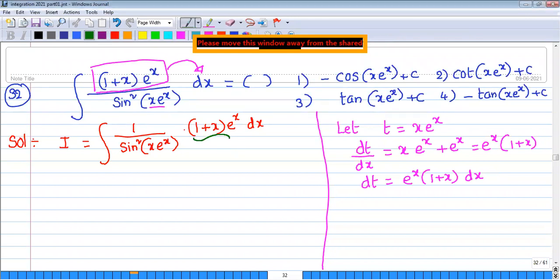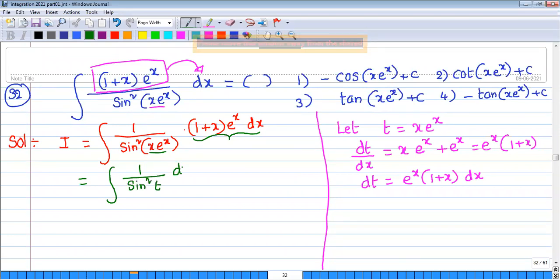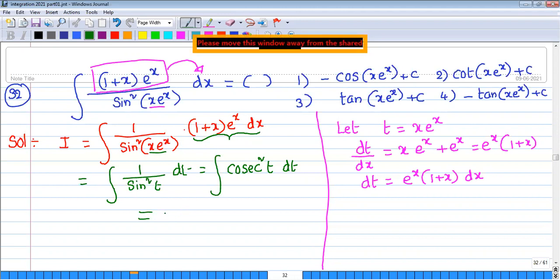1 plus x e power x dx and x e power x. Let us substitute. Integral of 1 upon sine square t dt. 1 by sine square is cosecant square. Integral of cosecant square t dt. Integral of cosecant square x is minus cot x, so integral of cosecant square t is minus cot t.